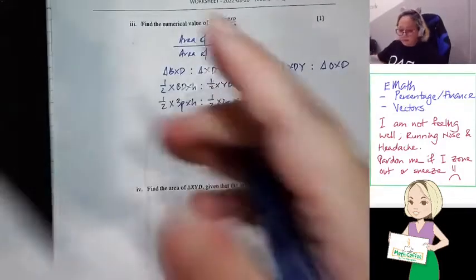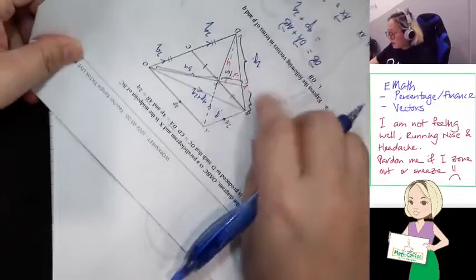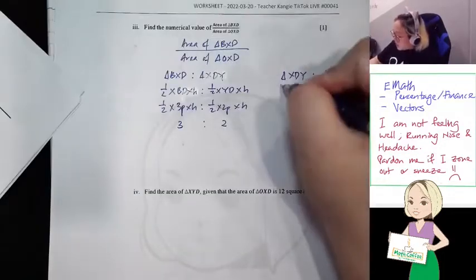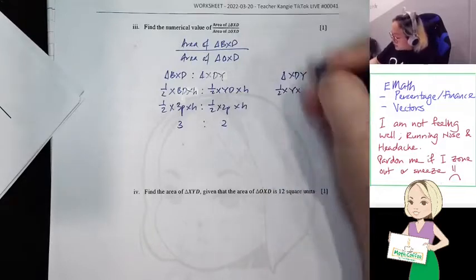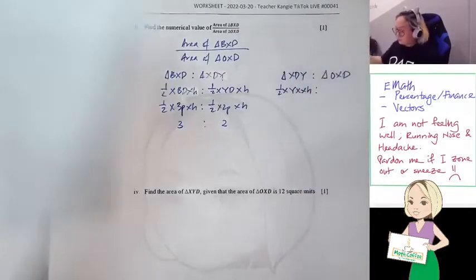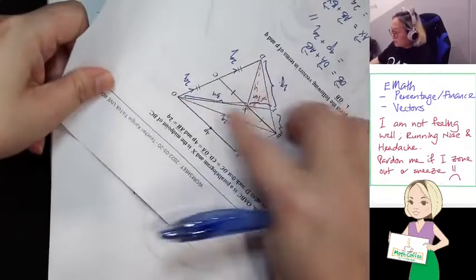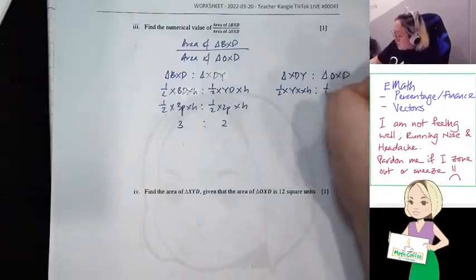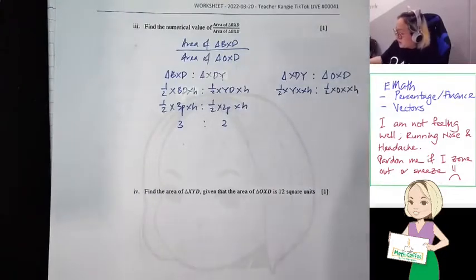It is half times YX times the height. ODX will be half times OX times the height.